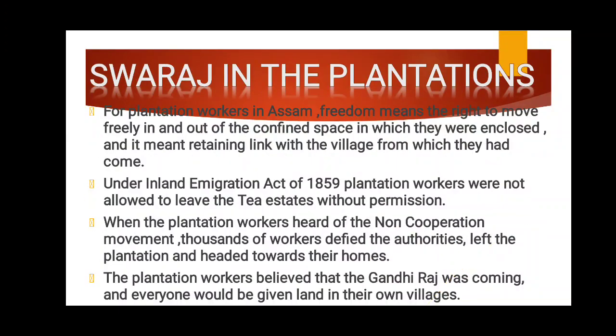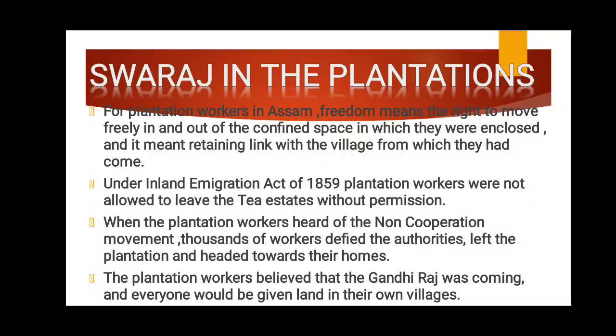Now Swaraj in the plantations. There were workers working in the tea estates of Assam. How did they take the non-cooperation movement in their own way? For plantation workers in Assam, freedom meant the right to move freely in and out of the confined space in which they were enclosed, and it meant retaining a link with the village from which they had come.